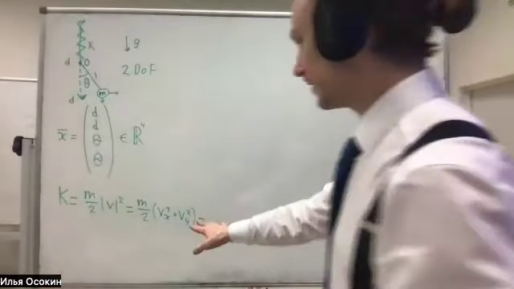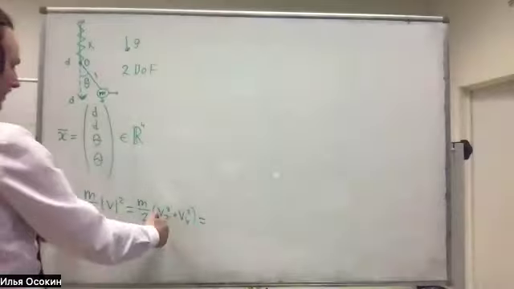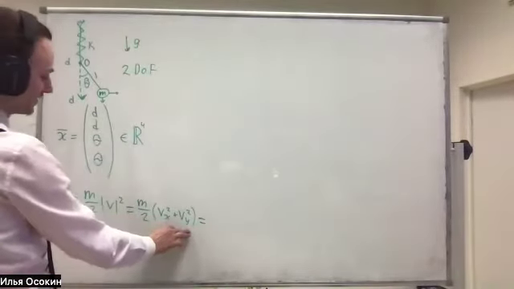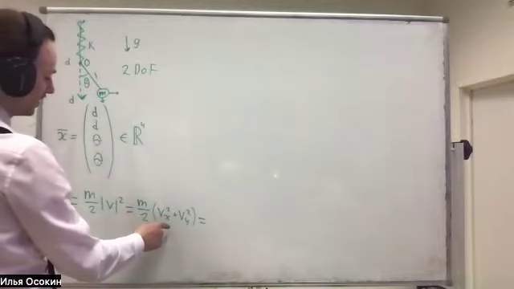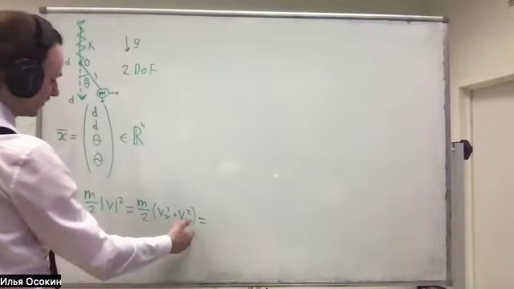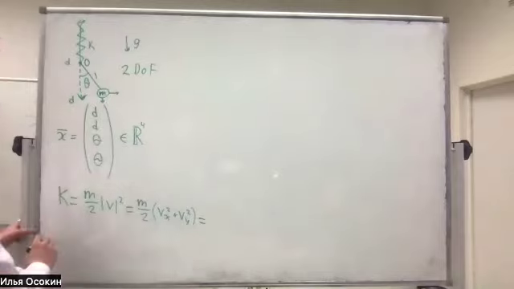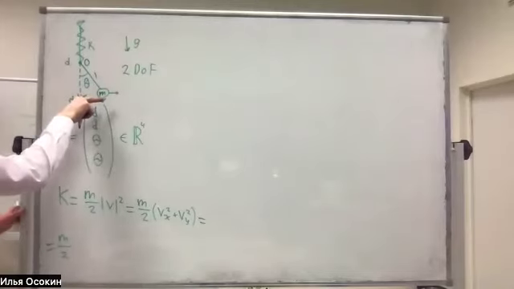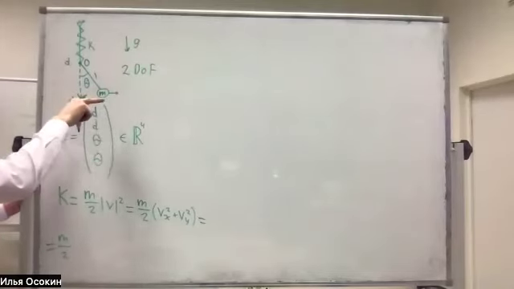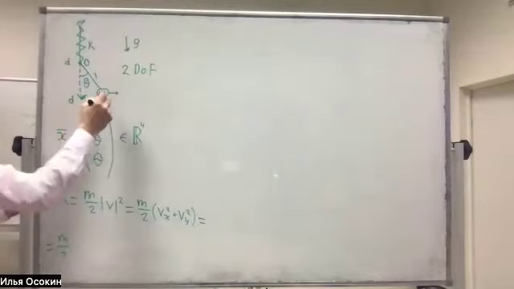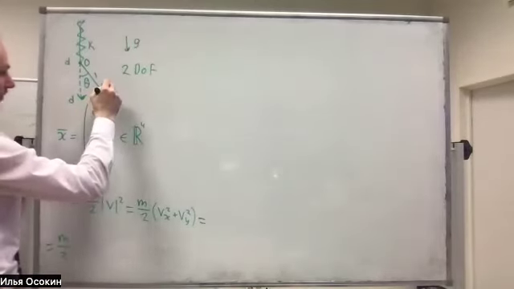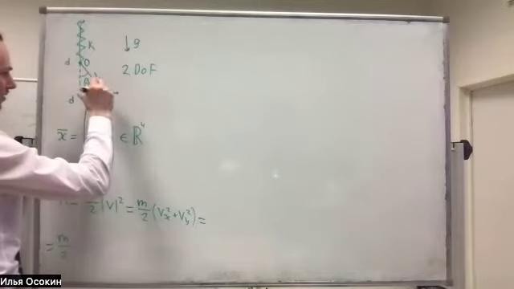So now I'm writing down the kinetic energy, and it boils down to the m/2 with the sum of these velocities, horizontal and vertical, squared. And with the horizontal velocity, it is pretty simple because, oh no, not really.